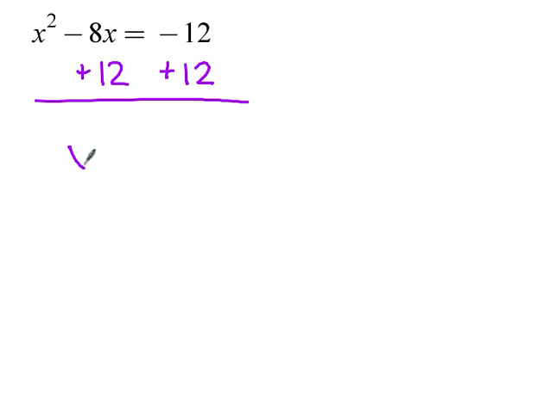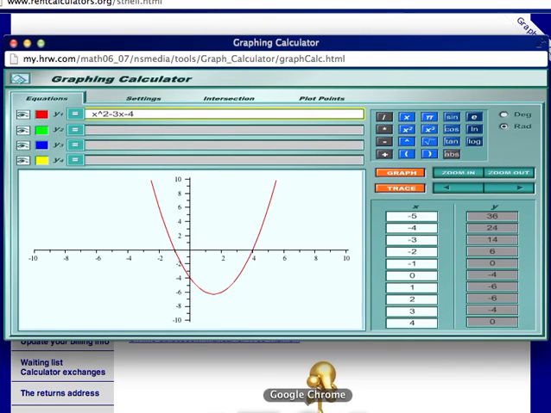And so on your graphing calculator, I want you to go ahead and enter in x squared minus 8x plus 12. Okay? So we have x squared minus 8x plus 12.